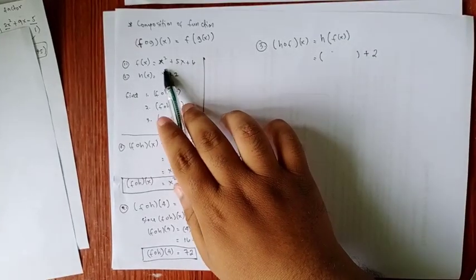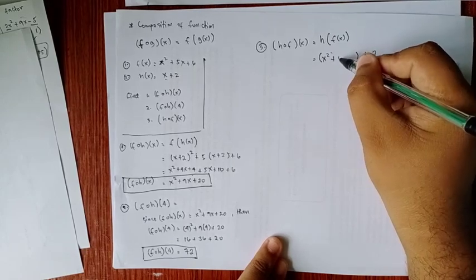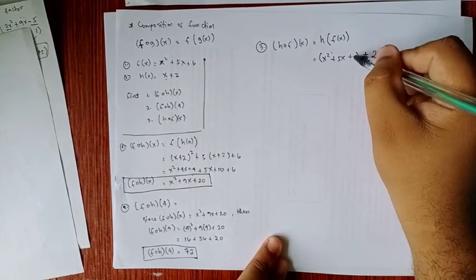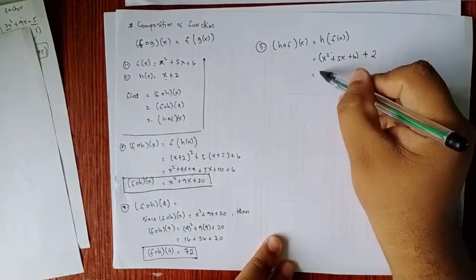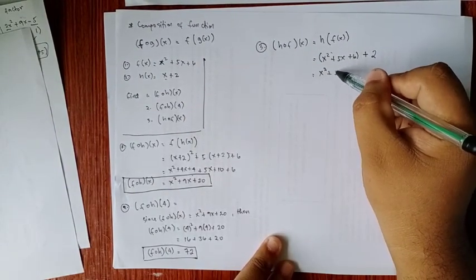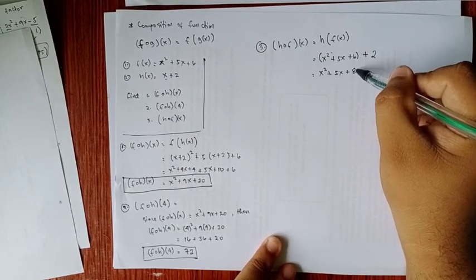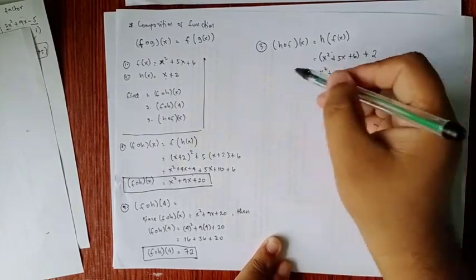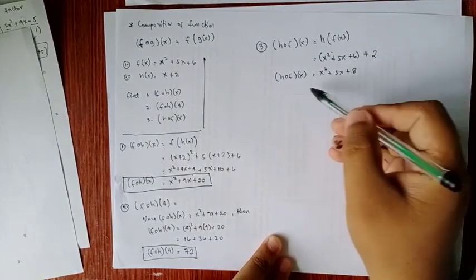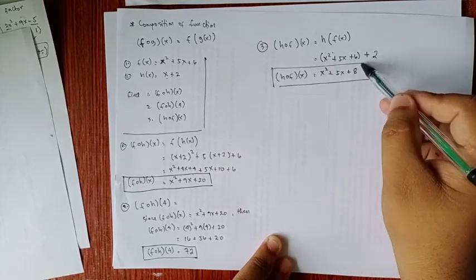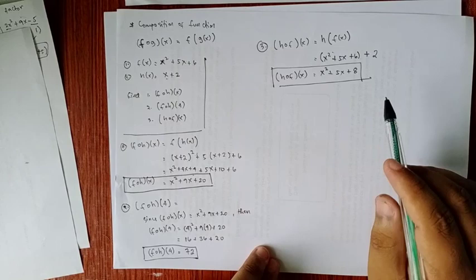Which is, ito. x squared plus 5x plus 6. So, ayan na yun. Isusolve ko. Okay, solve. Copy x squared, copy 5x, so 6 plus 2. Copy. We have positive 8. So, therefore, h circle f of x is equals to ito. x squared plus 5x plus 8.